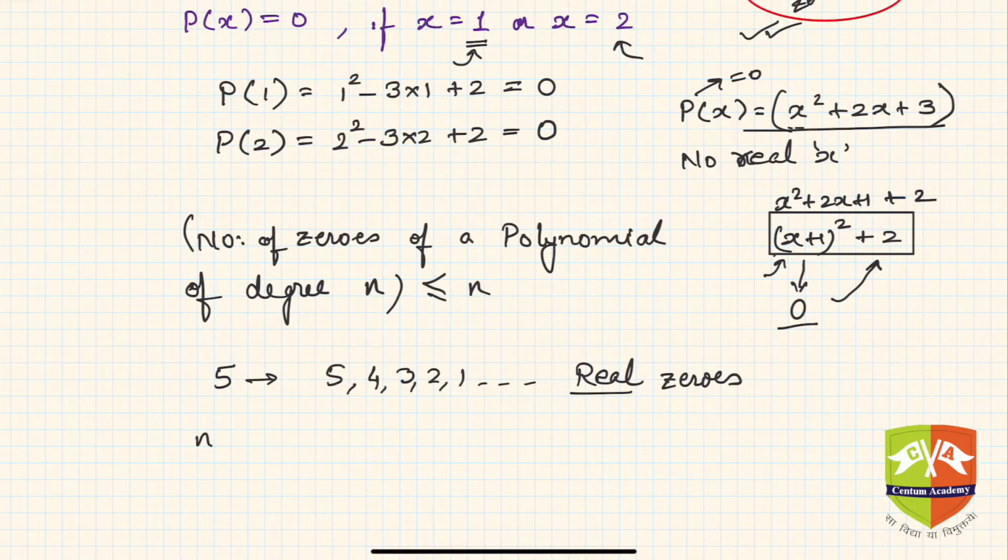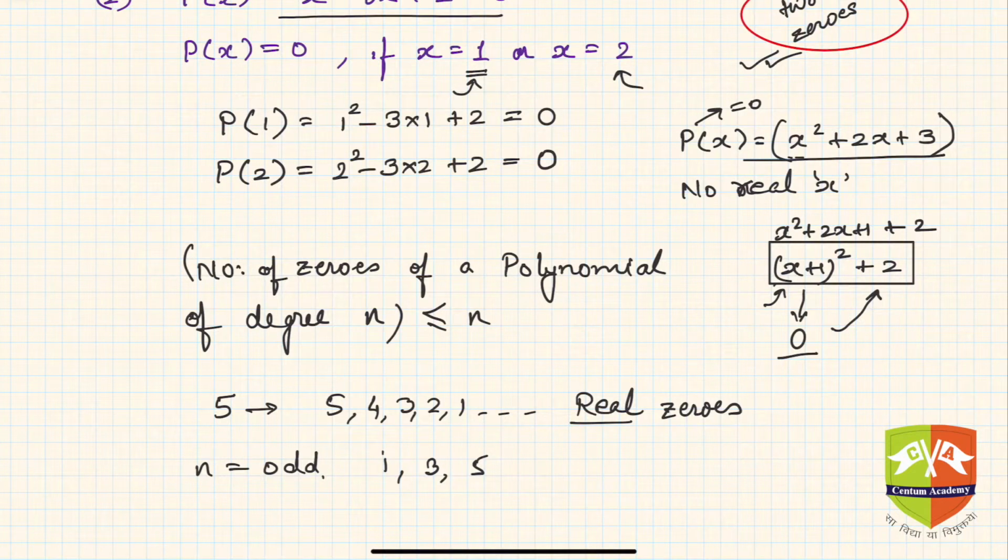What I mean to say is, if n is odd, it will definitely have either 1 real, 3 real or 5 real roots, and likewise we will see different cases. Let's not go there right now, because we need to understand the concept of zeros, and for that I'm going to show you the visual representation of polynomials and where exactly you can find 0, or what is the physical significance of 0 of a polynomial.